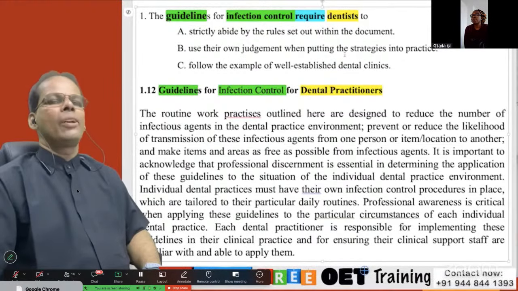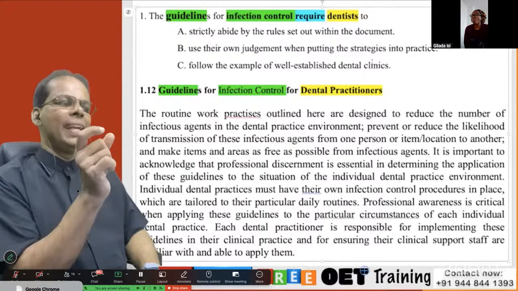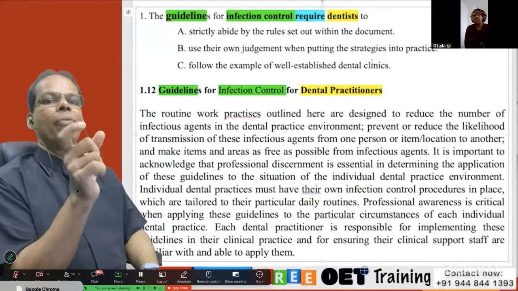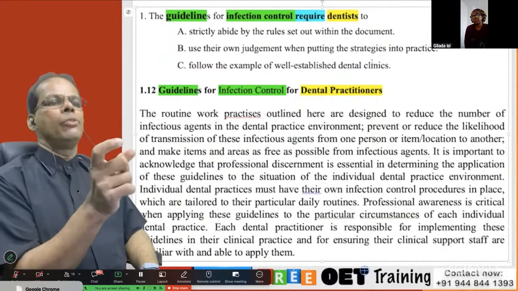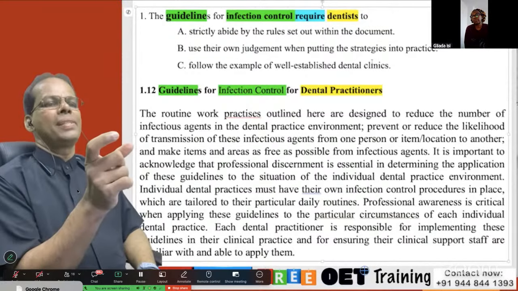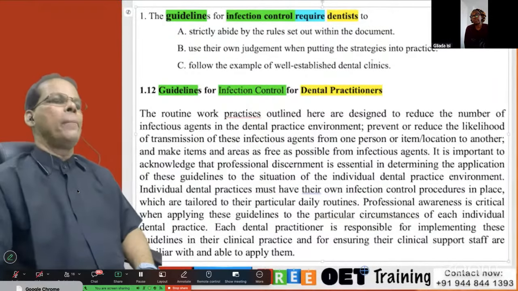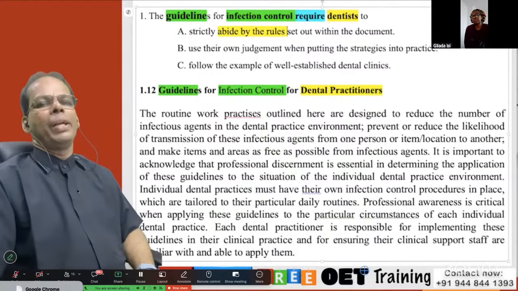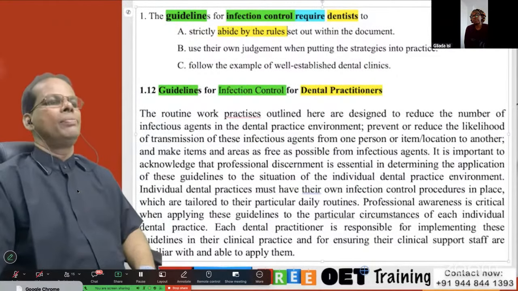Yes. So these are known as hedging words, H-E-D-G-I-N-G, hedging words or keywords. Keywords or hedging words also means main words or theme words. Theme, T-H-E-M-E. Okay. Now, option A, strictly abide by the rules set out within the document. So the hedging words are abide by the rules in the guideline.